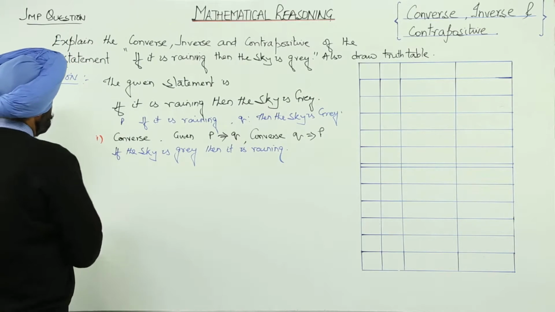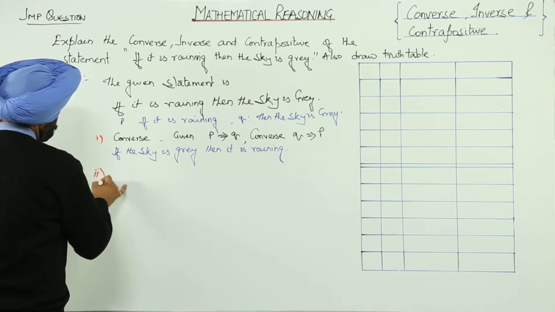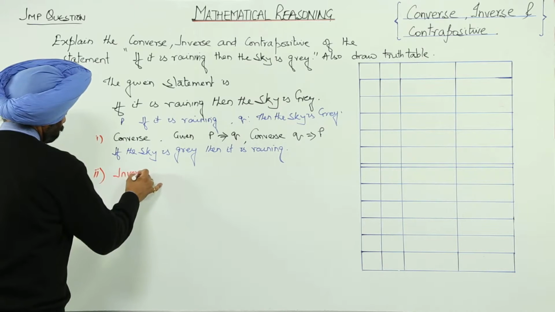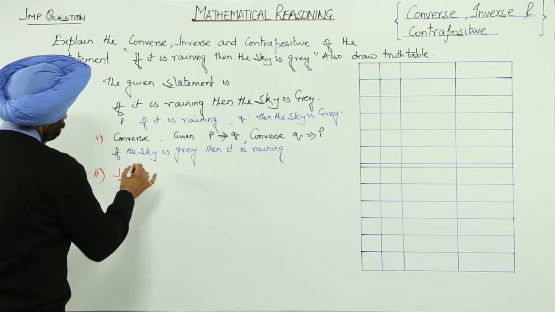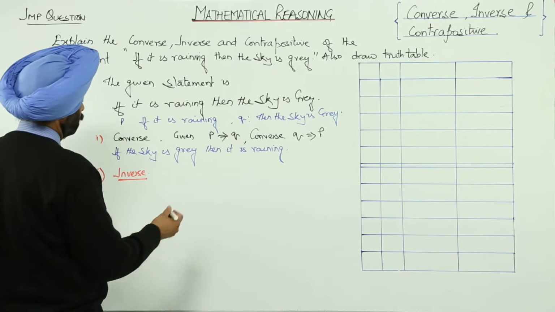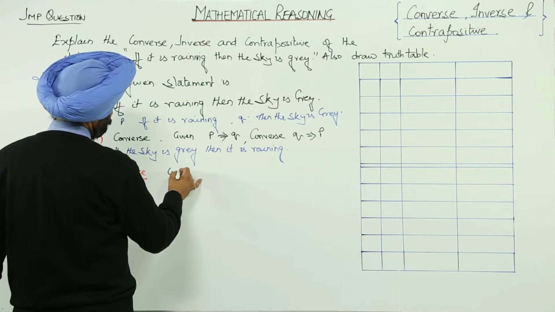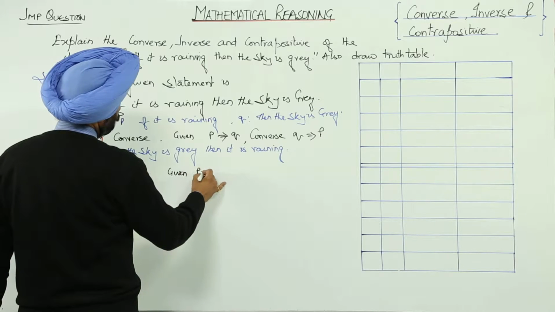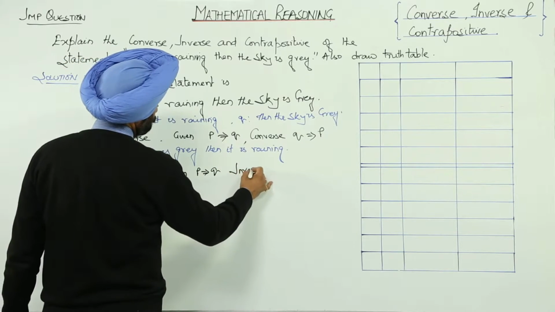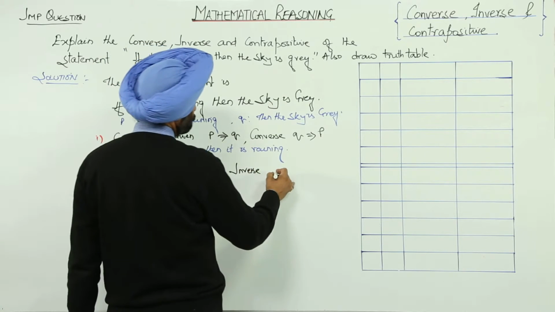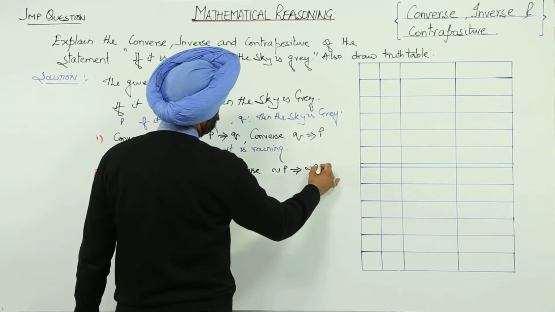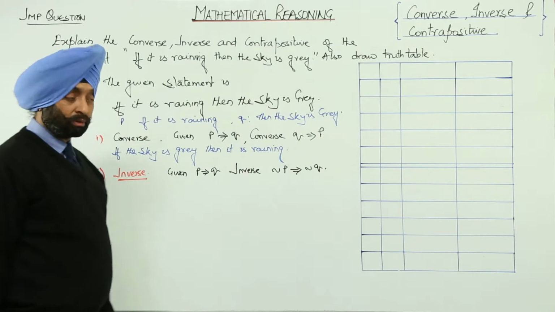Number 2, inverse. Now in the inverse part, given P implies Q, the inverse becomes negation of P implies negation of Q. Okay.